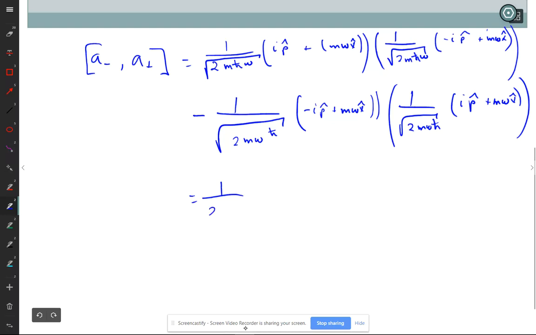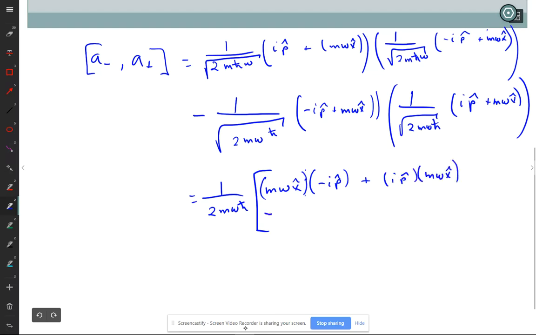Everything has out front 1 over 2 m omega h bar. And then looking only at the cross terms, I had m omega x hat times minus i p hat, plus i p hat m omega x hat.